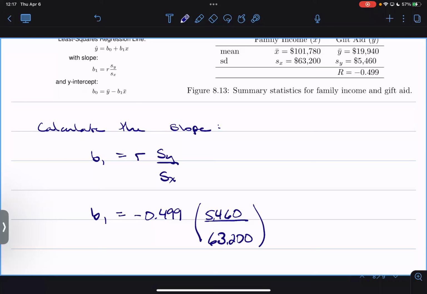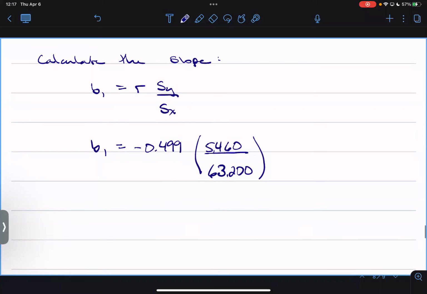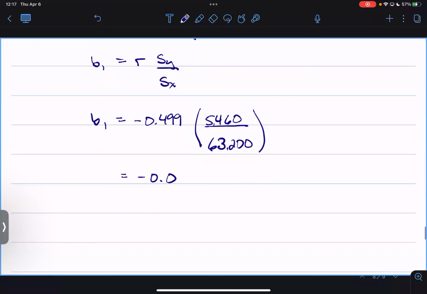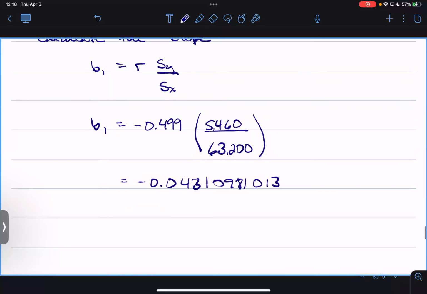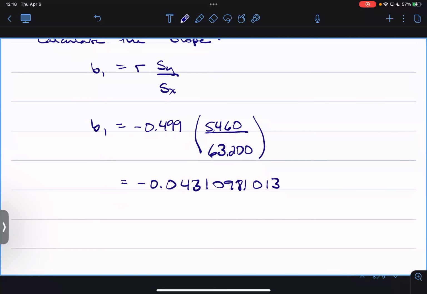Nice. So it is negative, which checks out, right? Because our slope needs to be negative. So negative 0.043109811013.